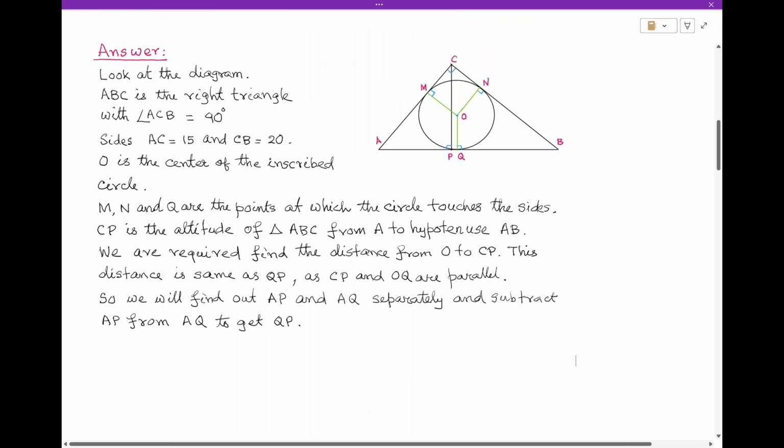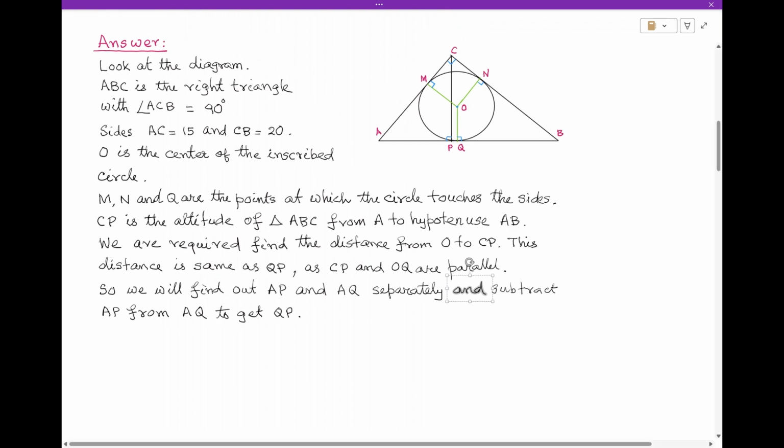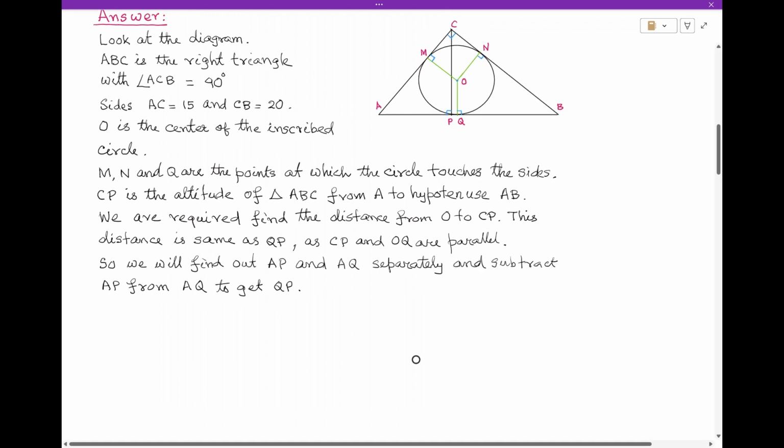Because CP and OQ are parallel, both being perpendicular to the hypotenuse AB. So, we shall find AP and AQ separately and subtract AP from AQ to get QP.